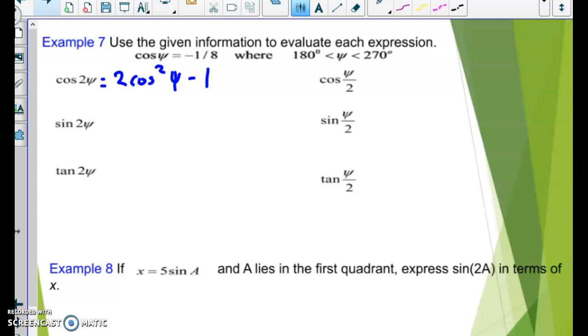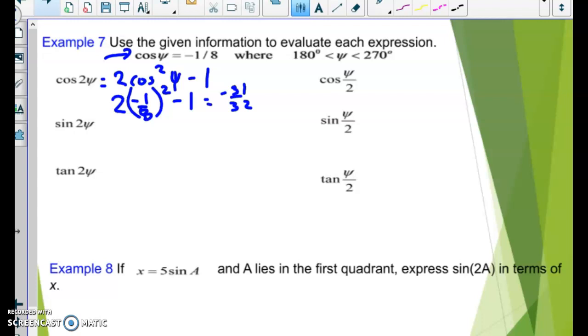And it just so happens I know what the cosine is, so I'm going to substitute that in there. It's negative 1/8 squared minus 1. And I can simplify that as 1/64 times 2 is 1/32. So 1/32 minus 1 gives me negative 31/32.